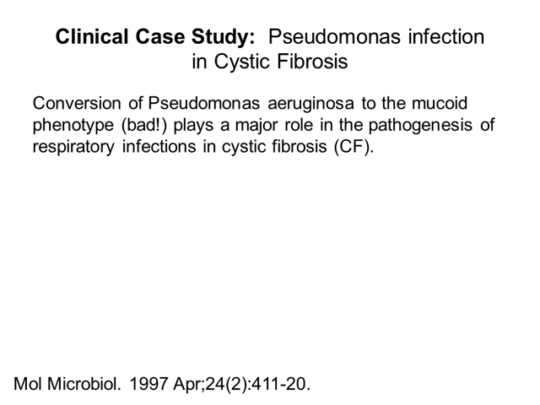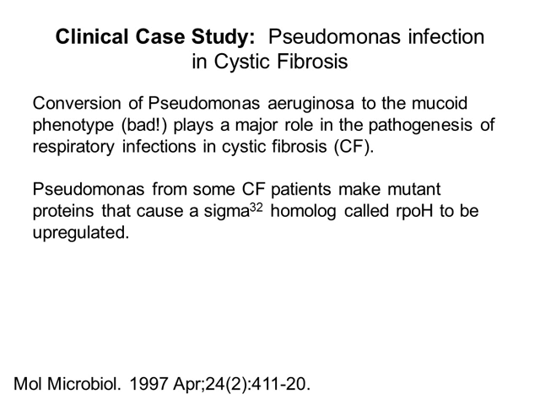Okay? So in this particular story, what the investigators in this old paper observed is that some of the Pseudomonas that cause the worst disease, they found out were upregulating a particular type of sigma factor called RPOH.